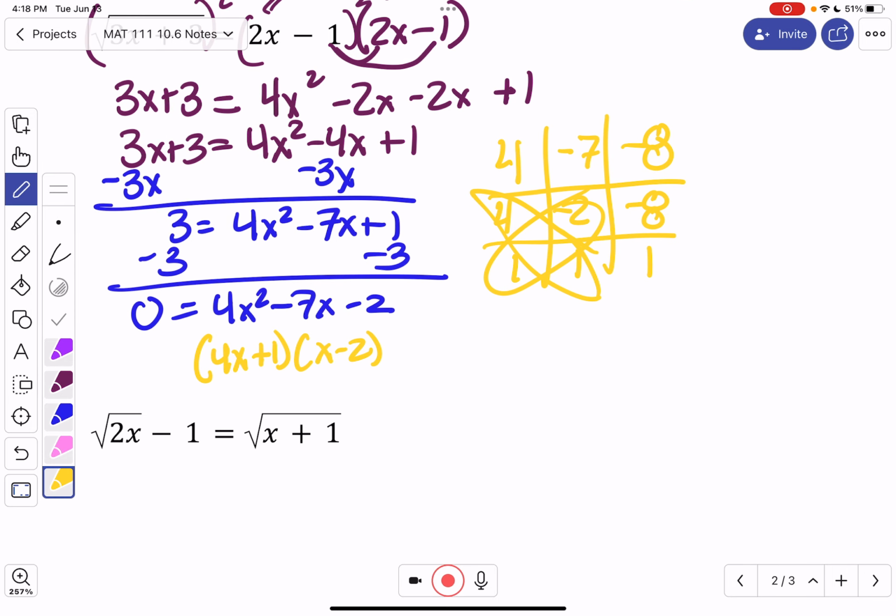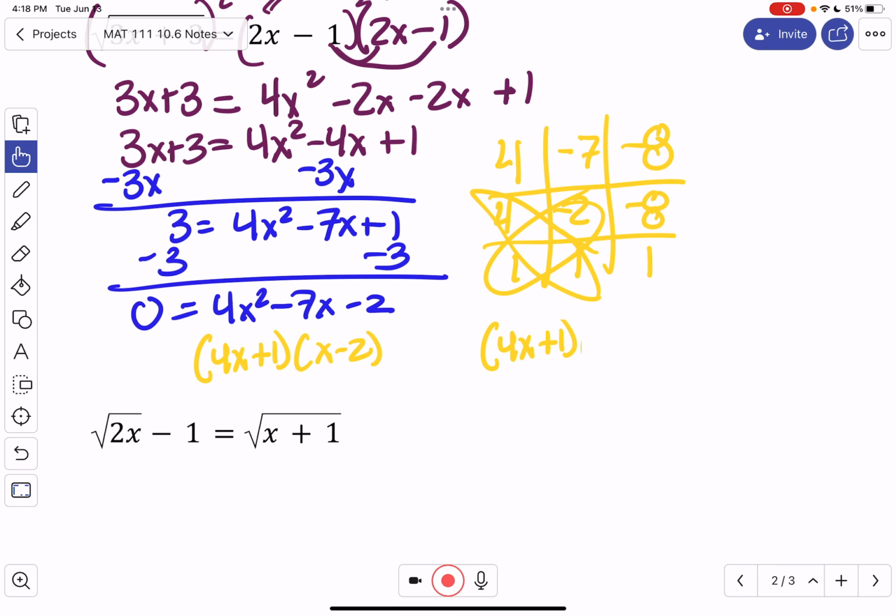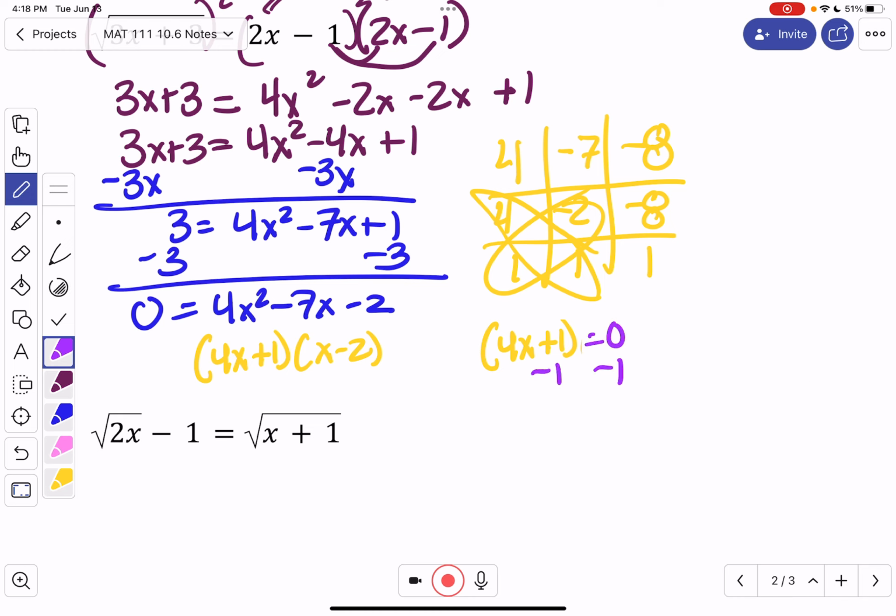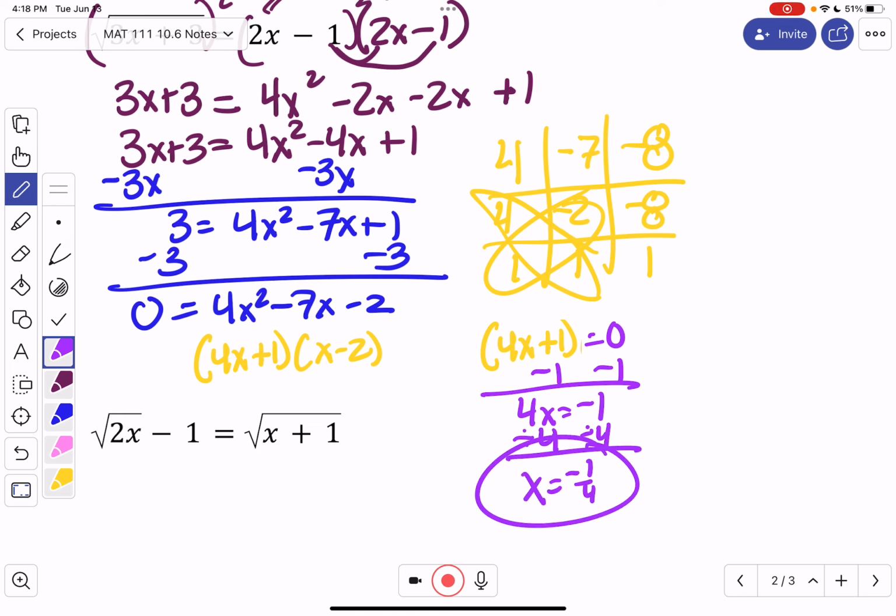If we make each of those equal 0, we'd subtract 1, we get 4x equals negative 1, divide by 4. One of our x's is negative 1/4. And then this one, we would add 2. So our other x would be 2.